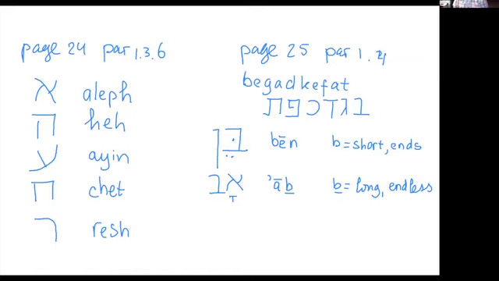And the same is true for the other letters. That makes a difference, like the word kaf. Go to the next page. Kaf with a dagesh, a dot.